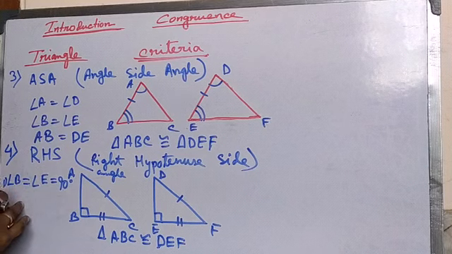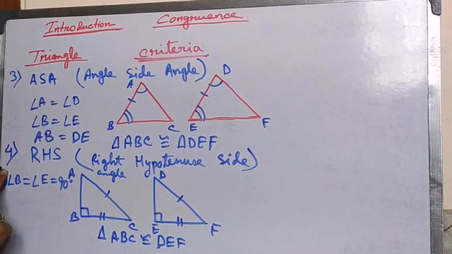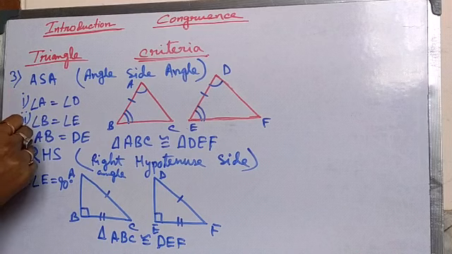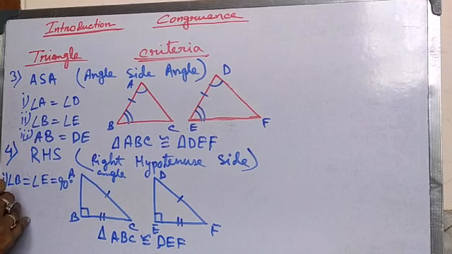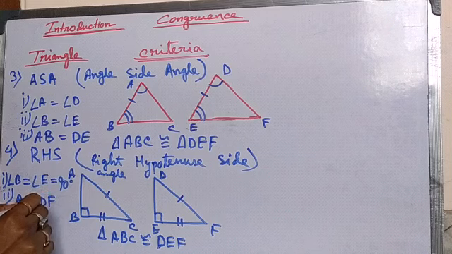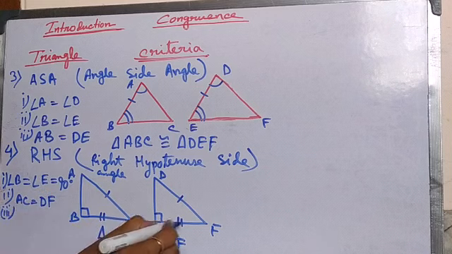Number 2, AC equal to DF. Number 3, BC equal to EF.